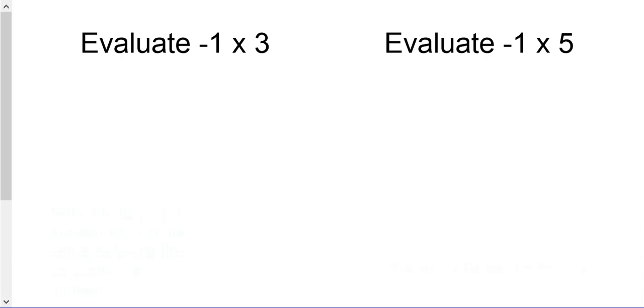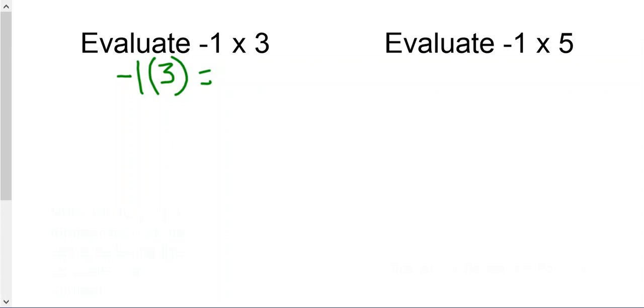First, I want to take you through a couple simple problems. We have: evaluate negative 1 times 3. Okay, so that can look like negative 1 times 3. That means that negative 1, when we're multiplying by a negative, will give us the opposite value.